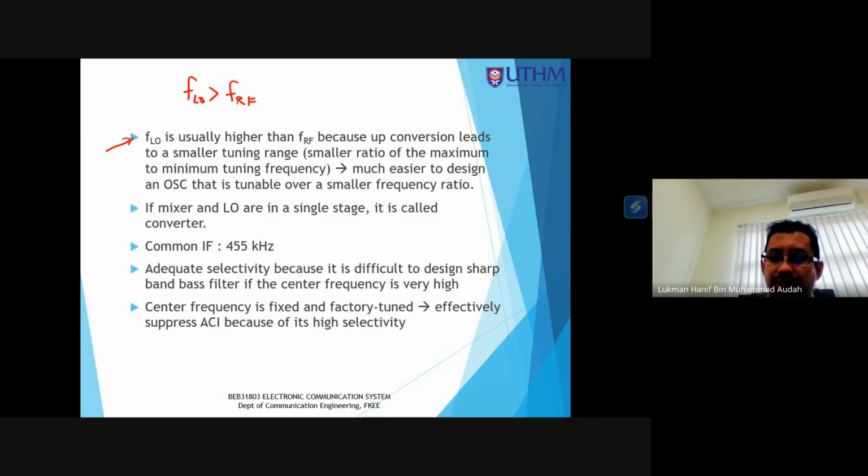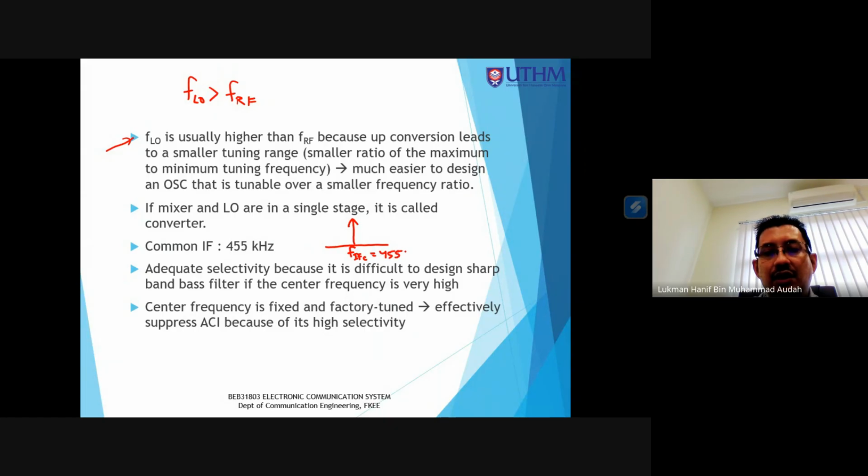The mixer converter will down convert the frequency band from RF to IF, and it will be centered at F IF center, which is equal to 455 kilohertz. Of course, there's another frequency spectrum on the left and also on the right side.